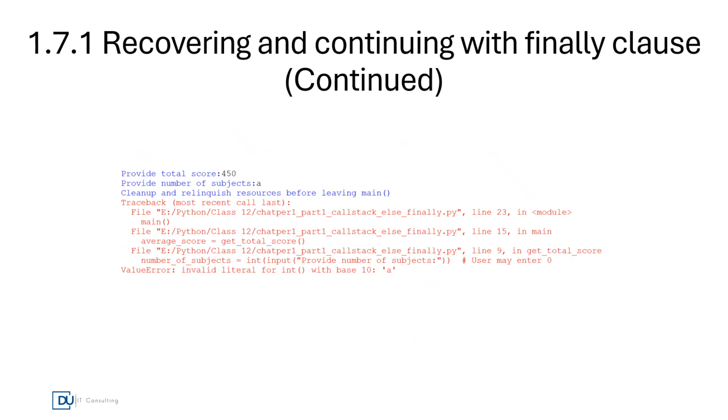Now, if you take a look at the execution, the user provides 450 as the total score, and then types in A as the number of subjects. Now, A cannot be converted into an integer, so we get an exception. But we get the exception only after we see the message about cleanup and relinquishing resources before leaving main.